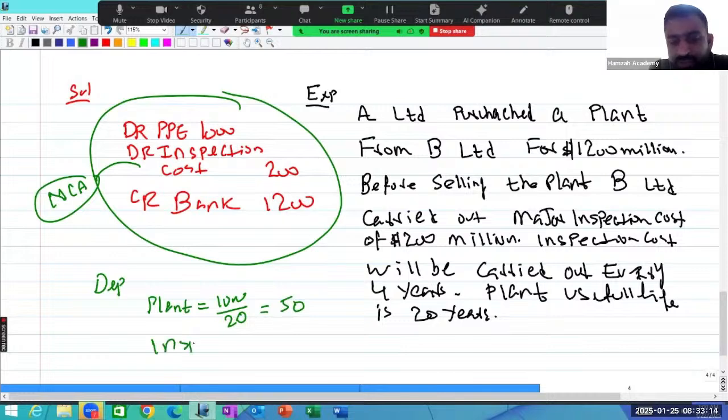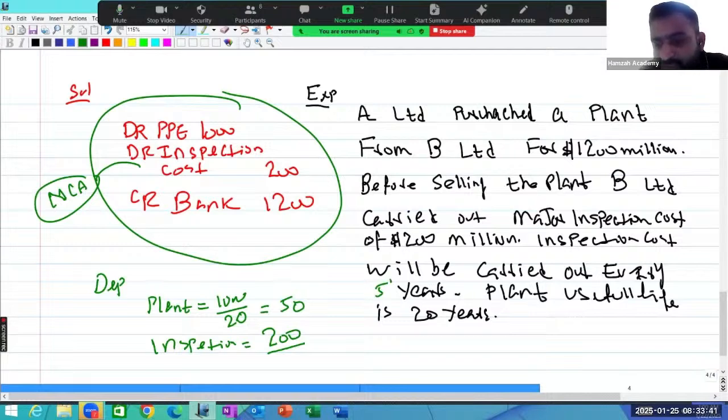And for inspection cost, we will depreciate it over the next overhauling period. Let me change something so we do not get confused.